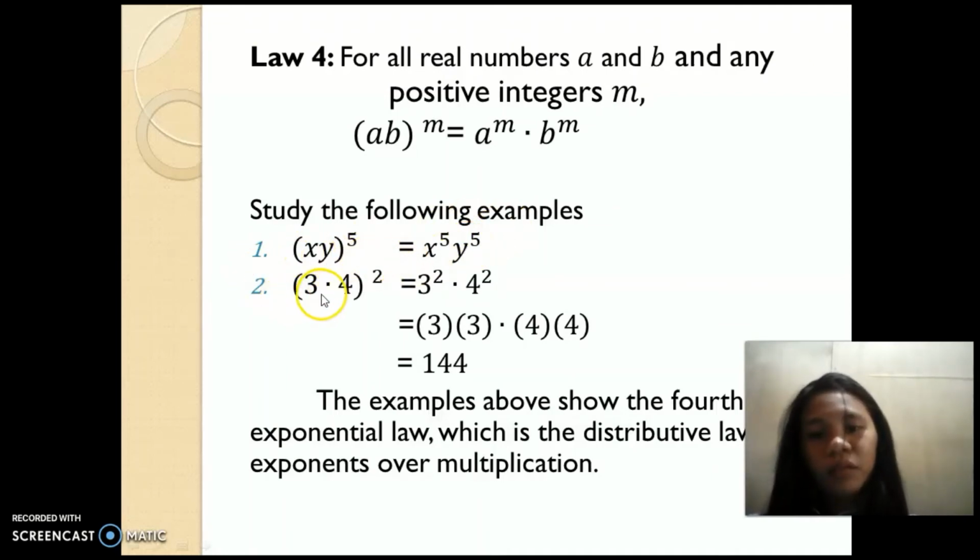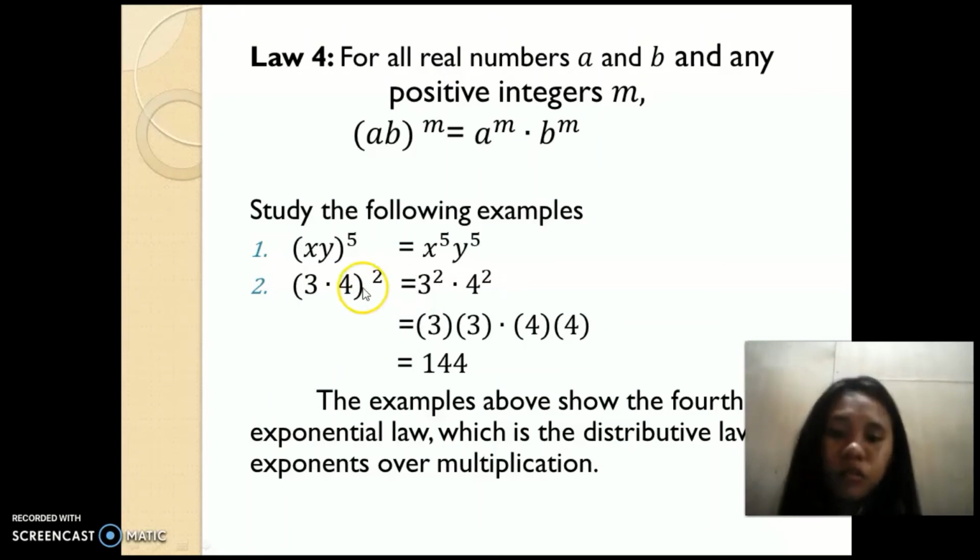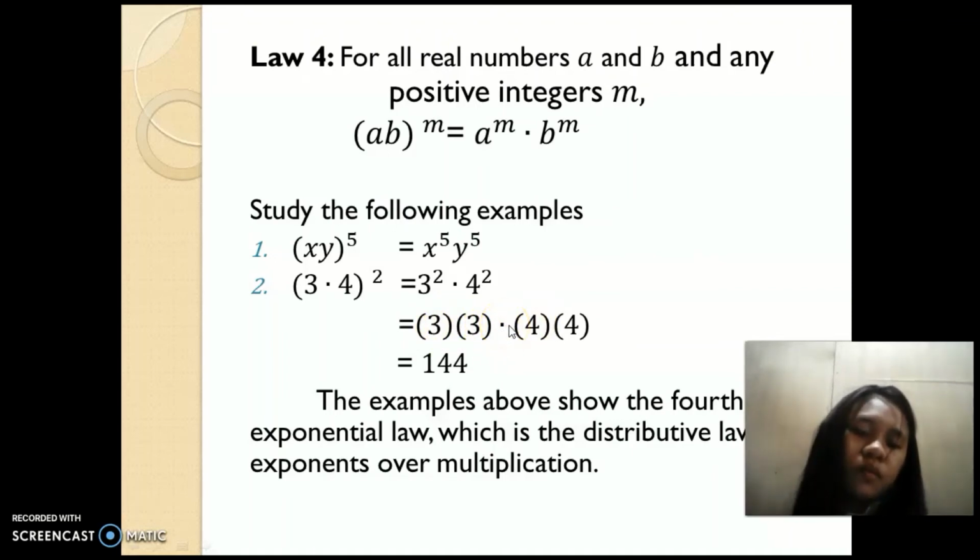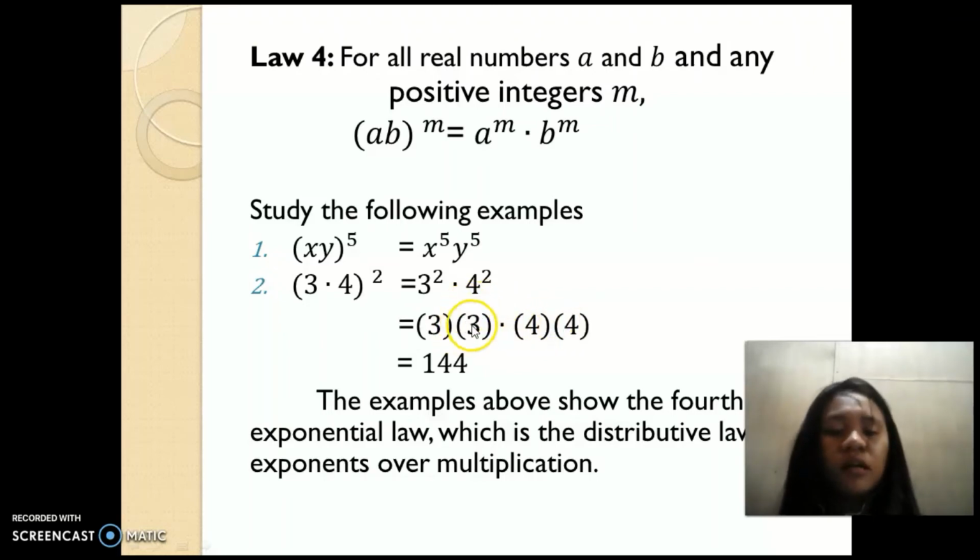In example number 2, we have (3 times 4) to the power of 2. We're just going to simplify: 3 raised to 2 times 4 raised to 2. So we have 3 times 3, and then 4 times 4.